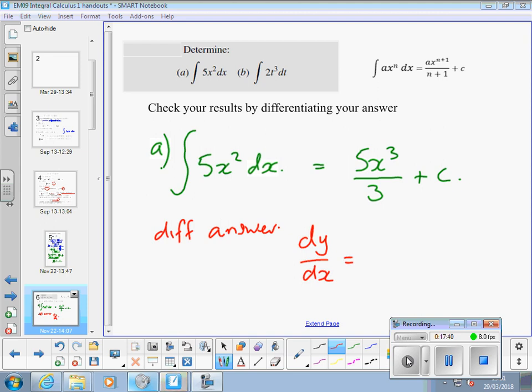What do we do when we differentiate? Oh, hang on, we lost our x in there. 5x squared.